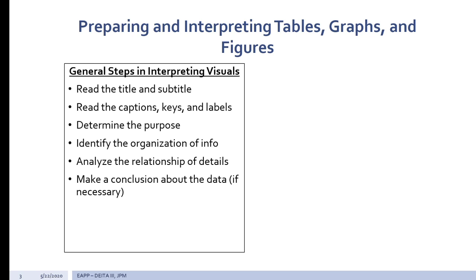Next one, analyze the relationships of details. Usually with visuals, though there are times that we make visuals for only one variable, most of the time, especially in academic and professional purposes, we try to describe multiple variables in a single or in a particular type of visual.